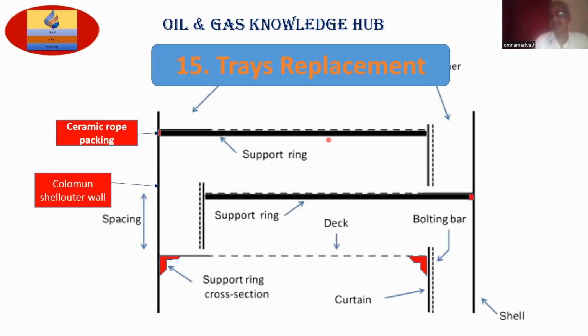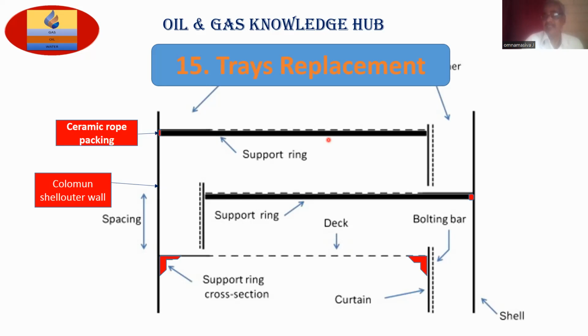Once you enter the column, after obtaining the confined space entry permit and the work permit for replacement of trays, with proper ventilation, lighting, and scaffolding, everything is ready to go inside.